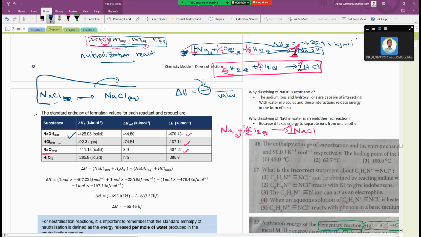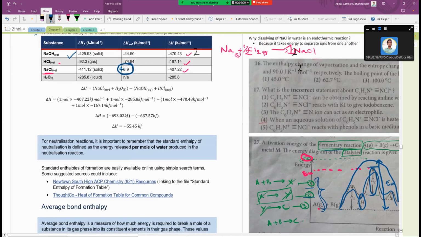So this is an endothermic reaction, because why? Energy is absorbed if the sign is positive. And then from this you can tell neutralization reactions are exothermic reactions.